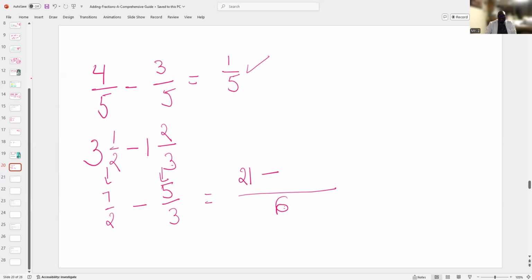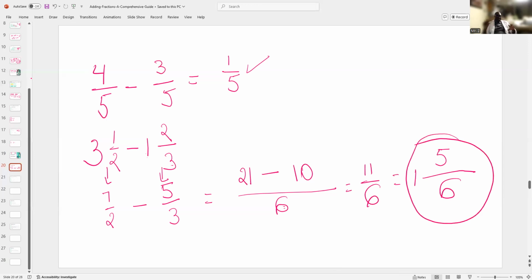Minus 6 divided by 3 is 2. 2 times 5, 10. And then 21 minus 10, you will have 11 over 6. What kind of fraction? It is an improper fraction. So simplify that to the mixed number, going to be 6 go over there one time, and the difference is 5.